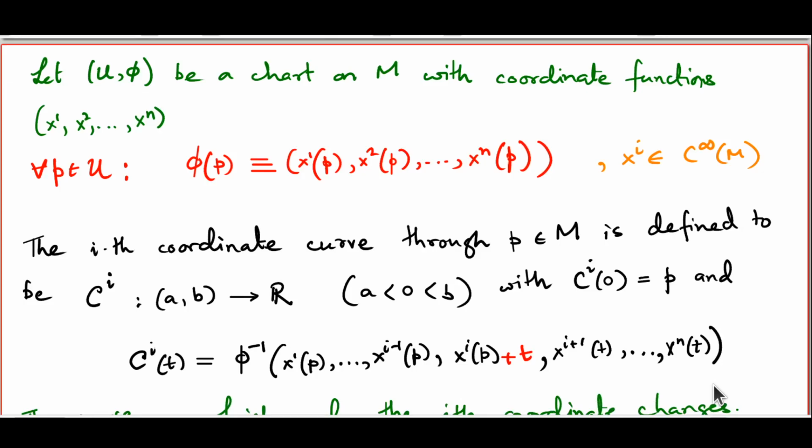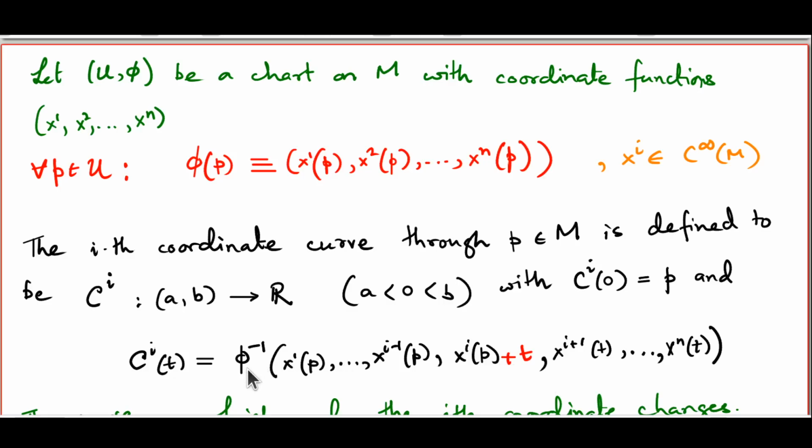All you are saying is, at the point P, you have coordinates x1(P), x2(P), etc., xn(P). So let's take a bunch of coordinates which are essentially the same bunch, except that the ith one has been increased by t. Everything else is the same as the coordinates that P had. Only the ith coordinate is bigger.